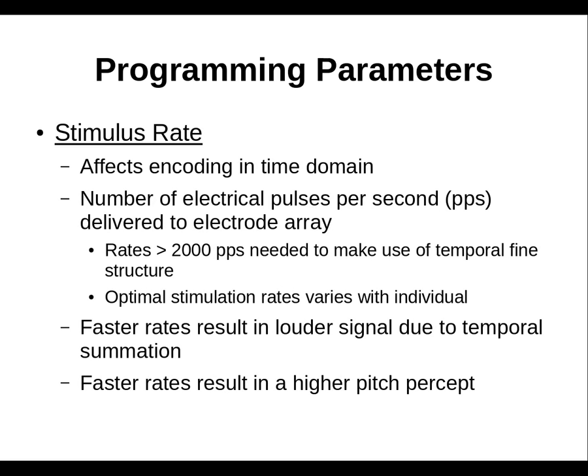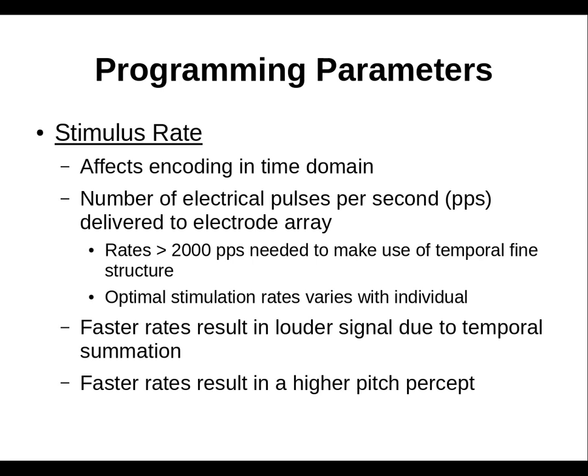The third parameter to talk about is stimulus rate. This is going to affect encoding in the time domain. This is just the number of electrical pulses per second delivered to the electrode array. We can have higher or lower stimulus rates.